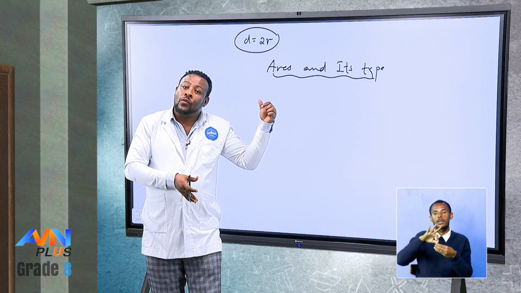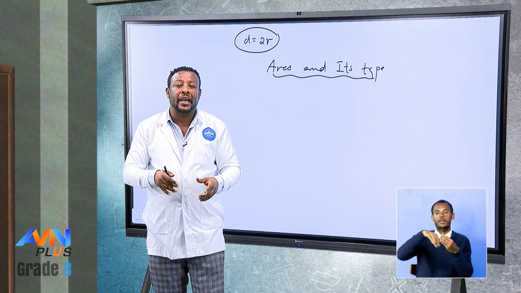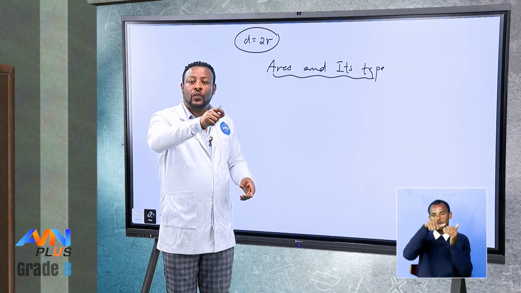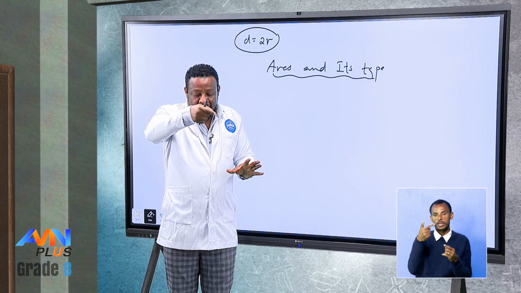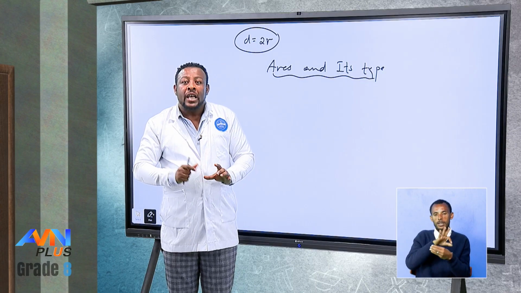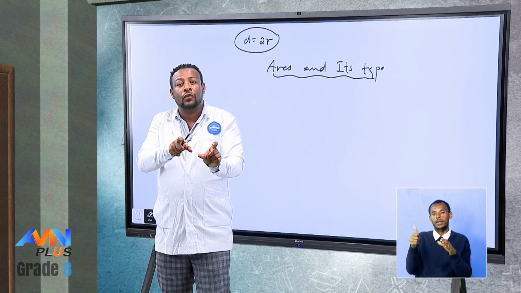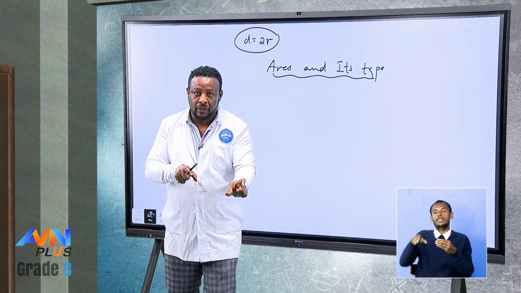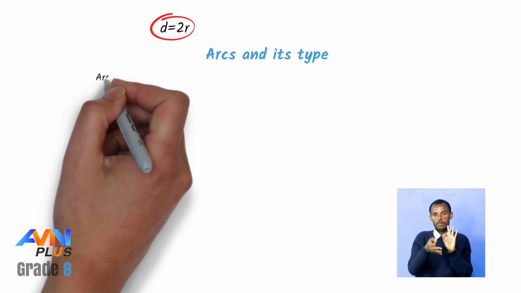Okay, in our former definition, we have seen that a circumference of a circle is the total length of a full circle. Okay, whenever we say circumference, the length of a full circle is a circumference. So when we come to arcs, arc is a portion of a circumference of a circle.